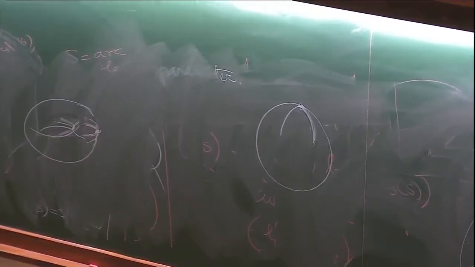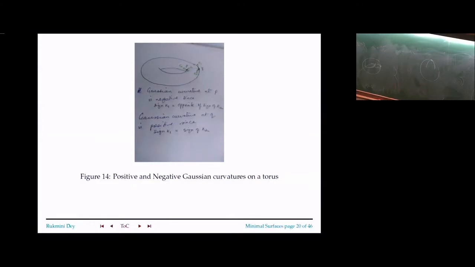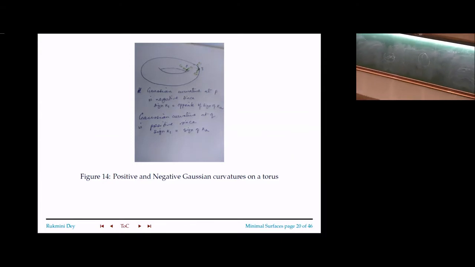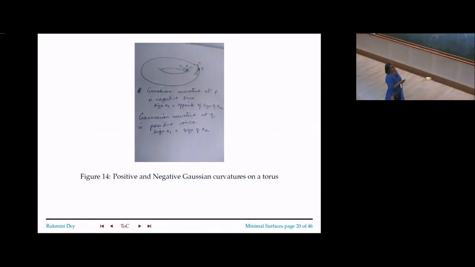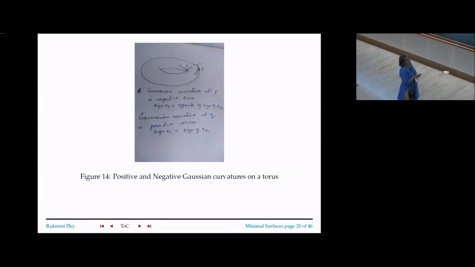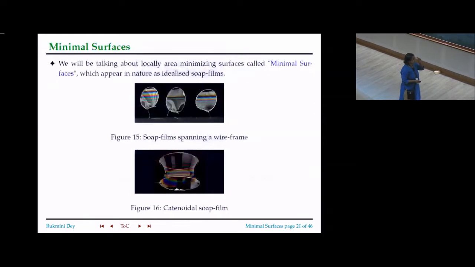Gaussian curvature of a sphere is positive. Whereas the torus has both. See, here I have tried to draw it. This point, it curves this way and this way. So in two opposite directions it curves. Whereas this one curves in the same direction, the two principal curvatures. So that's why here the Gaussian curvature is negative, here it's positive. Okay. Just to give you a flavor.